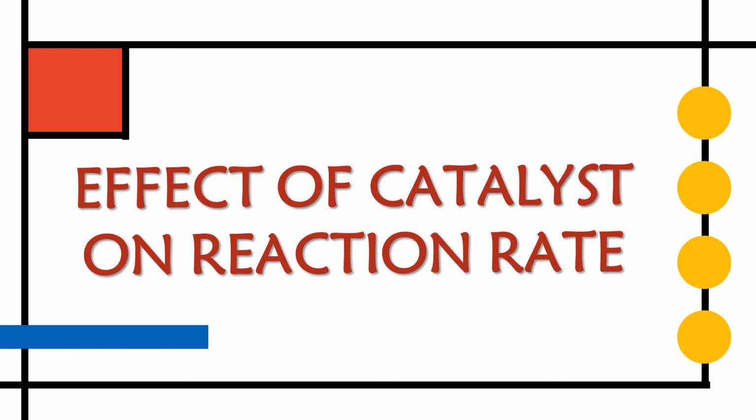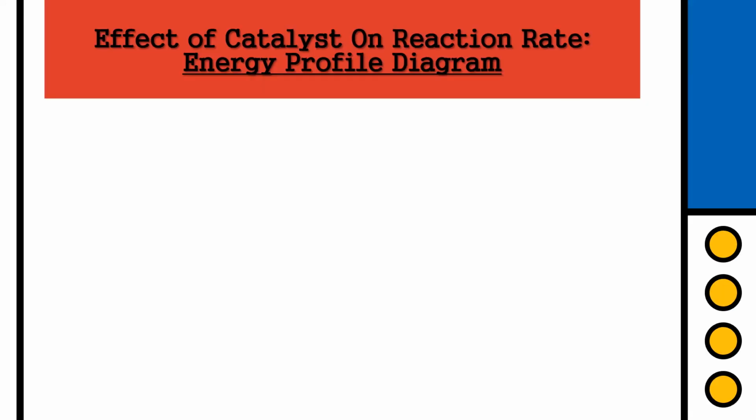Right now, let's further discuss the effect of catalyst on reaction rate. Okay, like temperature, for the effect of catalyst, it can also be shown by a diagram. What kind of diagram will we use for the effect of catalyst on reaction rate? So now, let's take a look. The one that we are going to draw for the effect of catalyst, we're going to draw the energy profile diagram, like the one that we learned from the previous video.